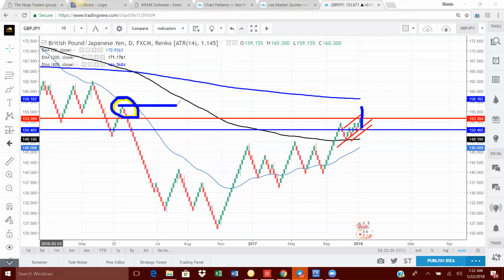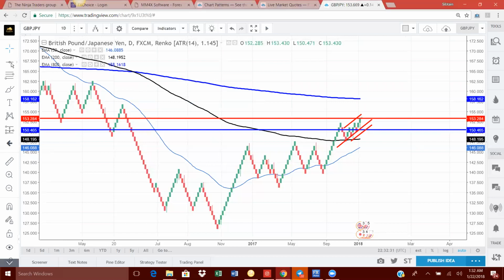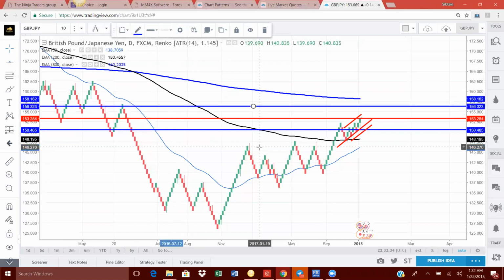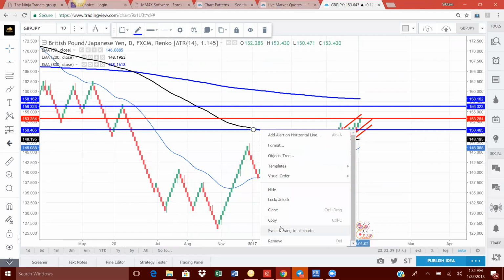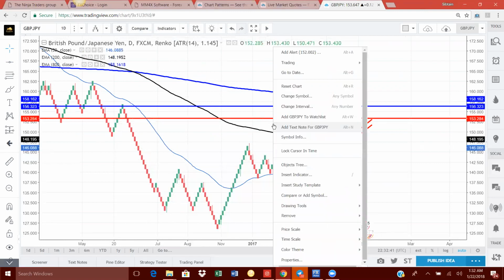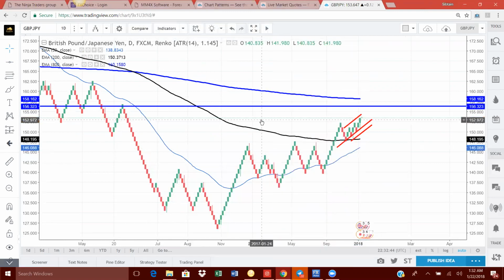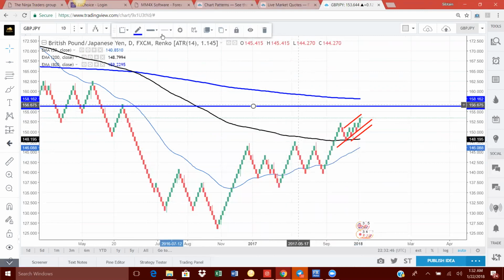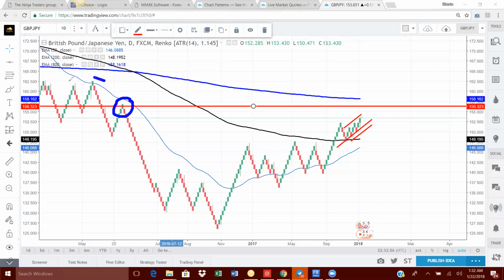Maybe I should draw a horizontal line to this level, and remove this here and remove this. So price can come up to this level here, because this was a resistance on a Renko chart. This is also a resistance on a Renko chart. So maybe price could bounce back and come till here.